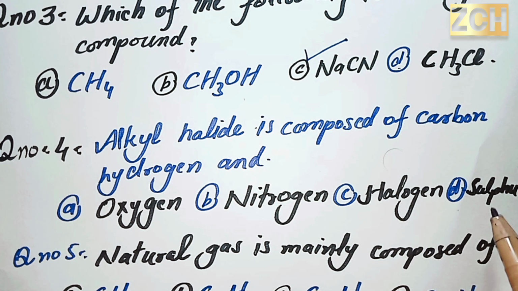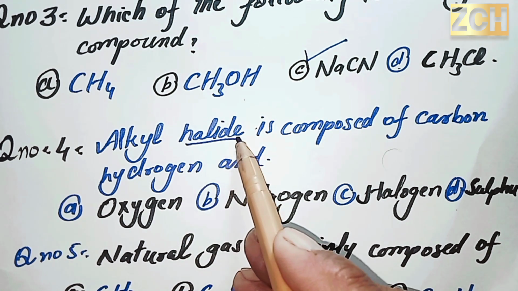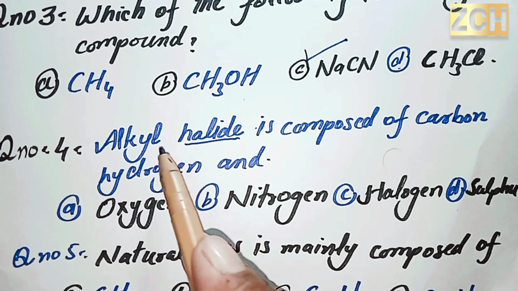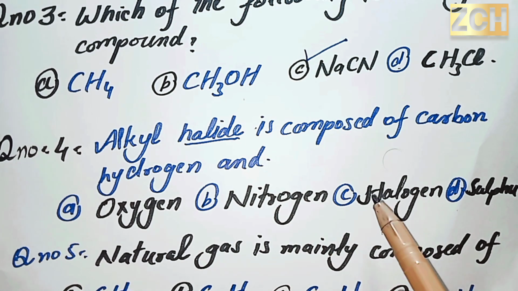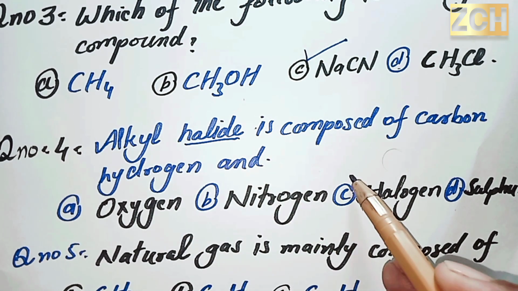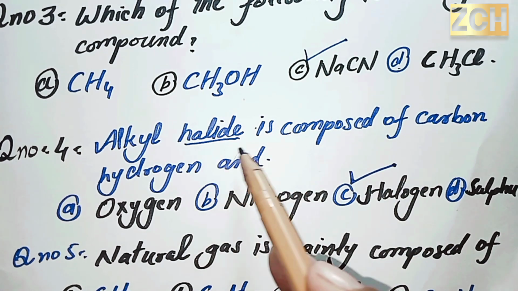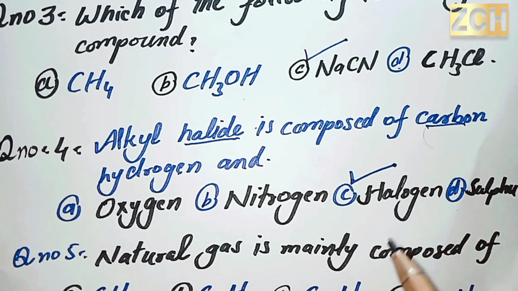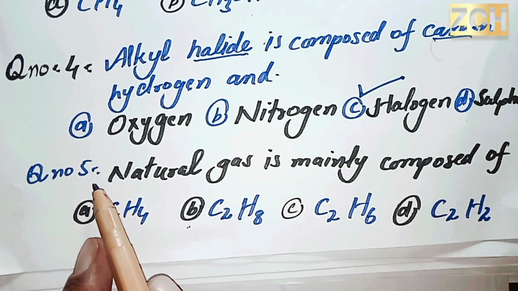We know that a halide group is a group which contains halogens. So alkyl halides contain halogens. So option C is correct. The alkyl halide is composed of carbon, hydrogen and halogens. Next question, question number 5.